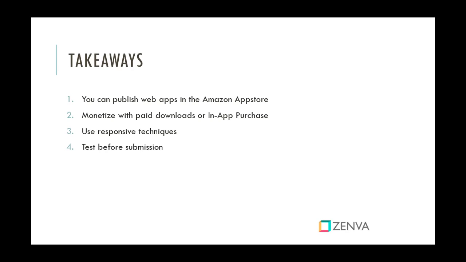You need to make sure the app is responsive so that it works well on the screen resolutions of the devices, and make sure you test your app before submission to make sure end users will have a good experience and that the app will also go through the approval process. For that you can use the developer tools of Chrome or other current web browsers, and you can also use the Web App Tester app if you have an Amazon device.